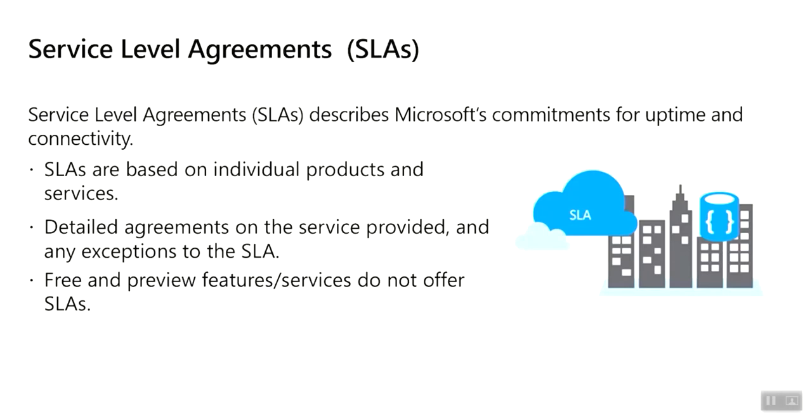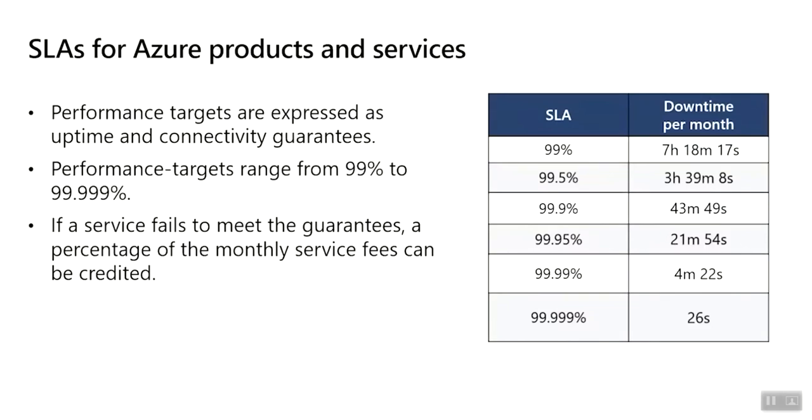So let's look at what some of those SLAs are. An SLA can range from 99% up to what we call 5 nines, 99.999%. And you can see the higher the SLA, the maximum downtime that you will experience per month goes down.